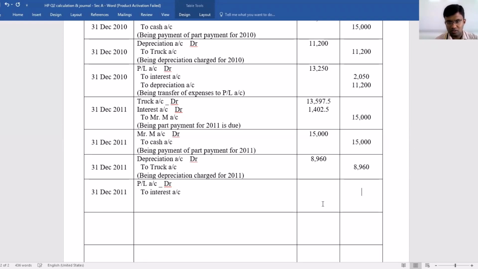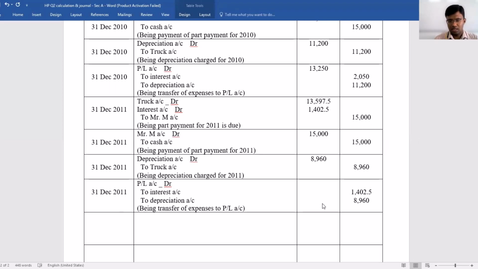The interest amount is 1,402.5, to depreciation account, the amount here is 8,960, being transfer of expenses to profit and loss account for 2011.